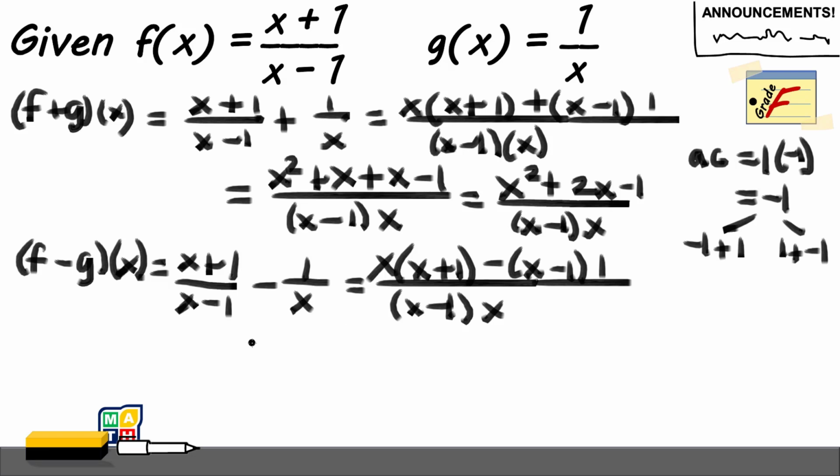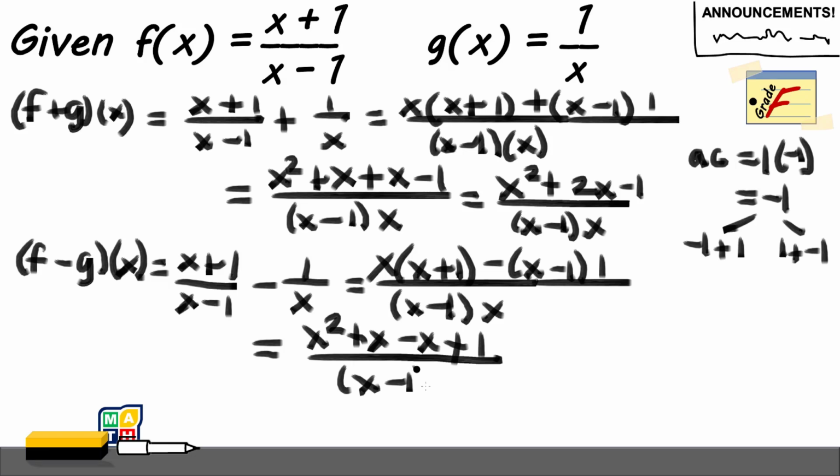We have this expression here: x squared plus x here, then minus x for this form here, because you have this 1 times x times negative. But negative times negative is positive, so you have plus 1, all over your form of x minus 1 times x.